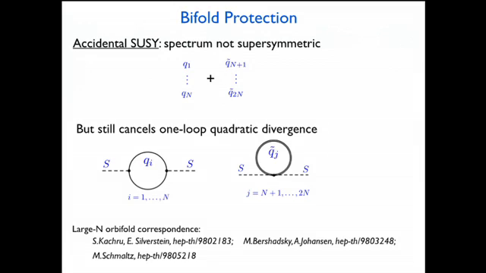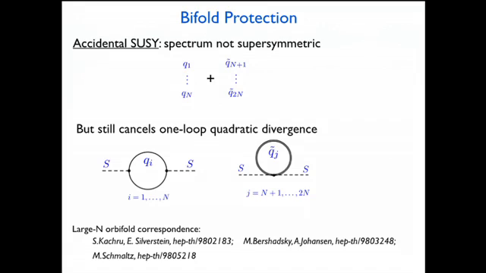And I ended up with this in the low energy theory, but still I have in the loop the fermions from 1 to N and the scalars from N+1 to 2N, which cancel each other's quadratic divergences, and the theory is UV insensitive, at least quadratically, at one loop. Okay?